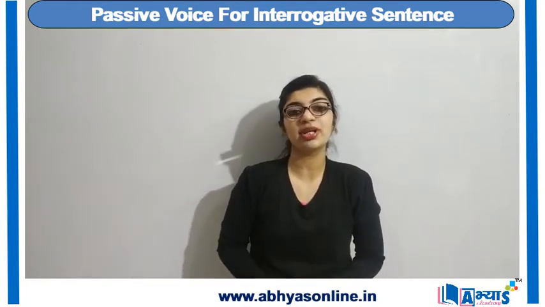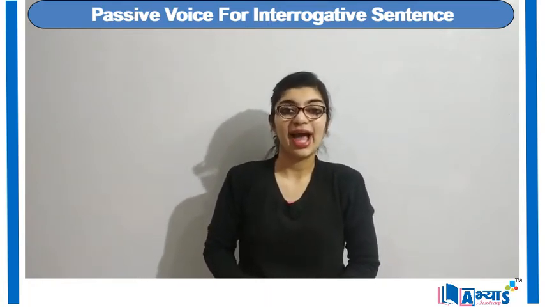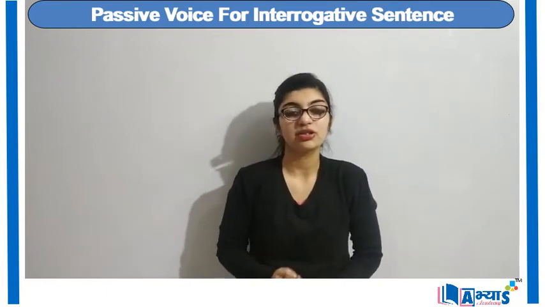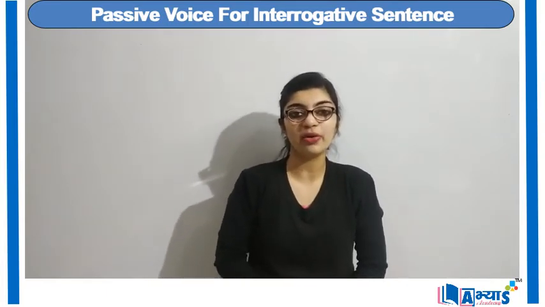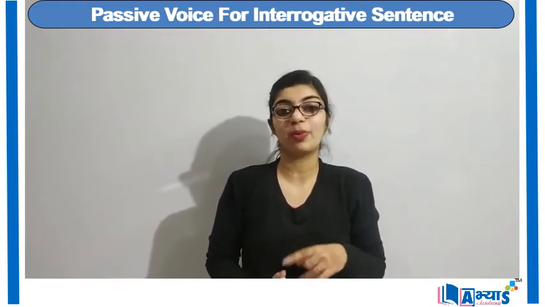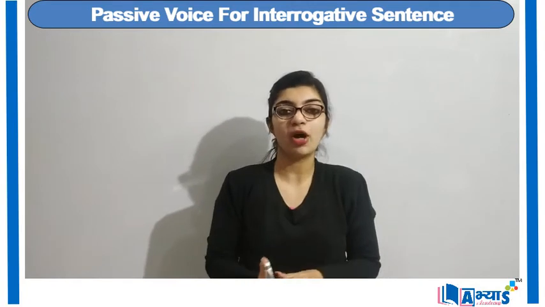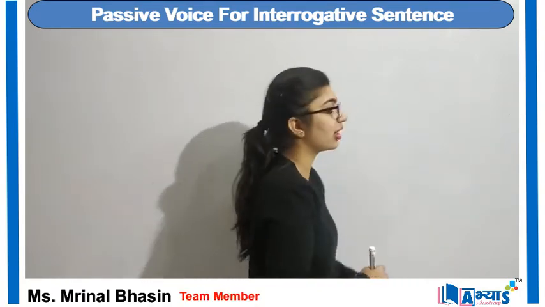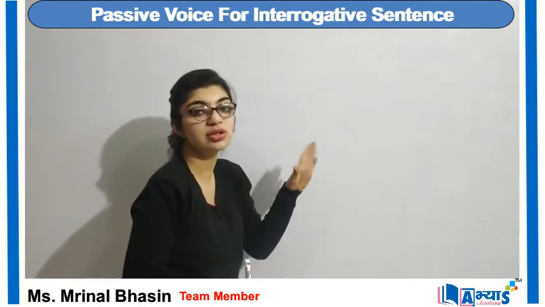Questions usually begin from how, when, had, have, has, will, may, etc. So in this video we are going to understand how to convert these types of questioning sentences from one form to another. First we are going to discuss the conversion of active form to the passive form.